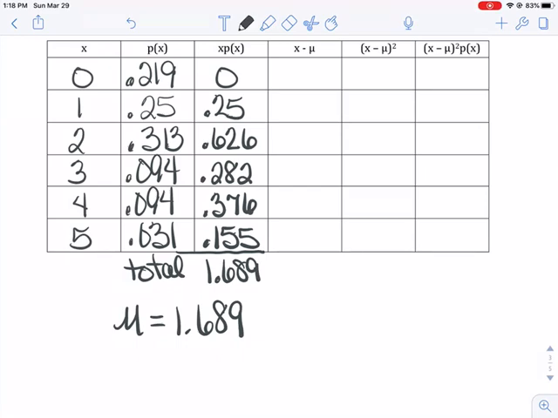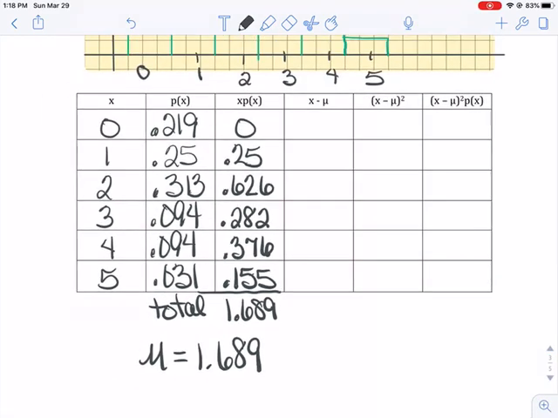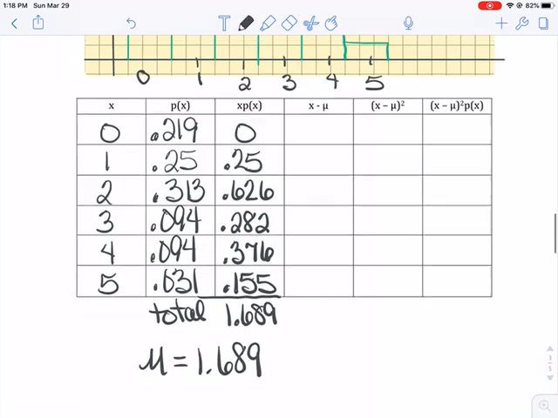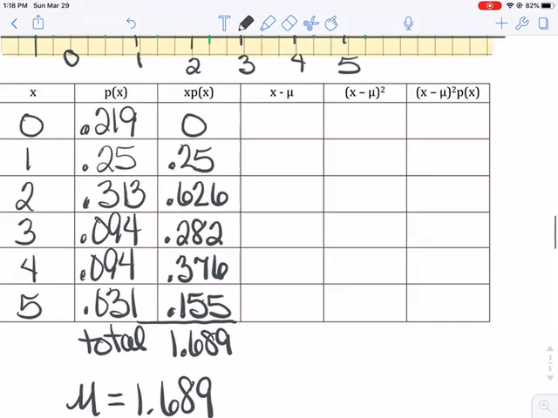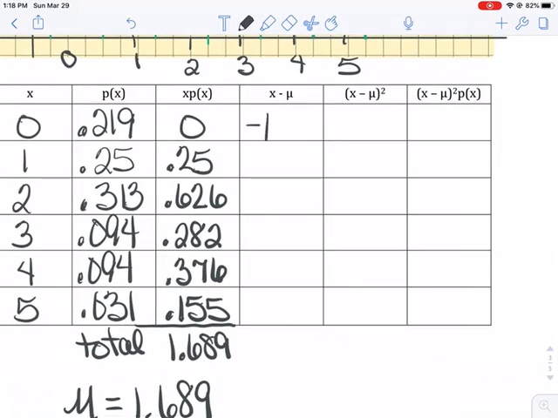So remember, we're going to use mu to designate our mean. All right, so now we have to take each one of our x's and subtract our mean from it. So this would be negative 1.689.